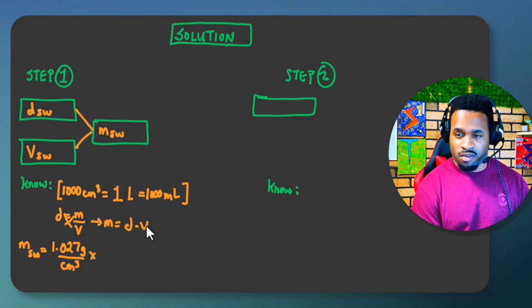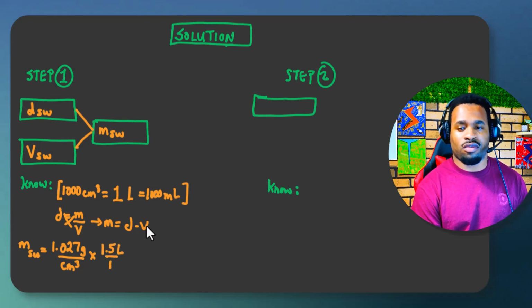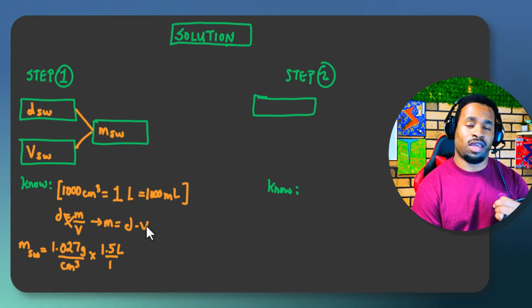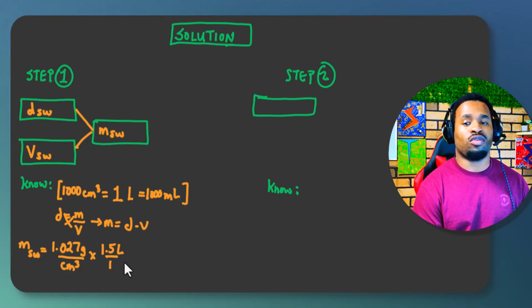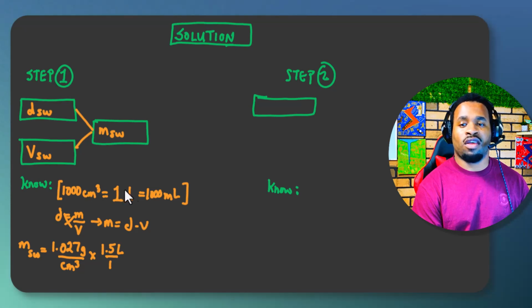This is going to be multiplied by what? The volume, and the volume here is 1.5 liters over 1. Now here is the thing: we need our values in grams, but our units for volume do not agree, so we need to eliminate the units for the volume, and to do that we use the equivalence of the centimeter cube to the liters.